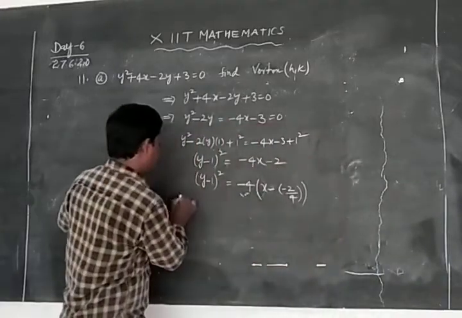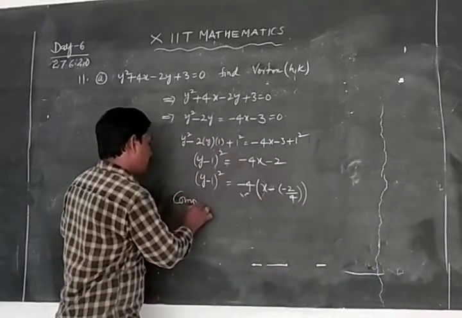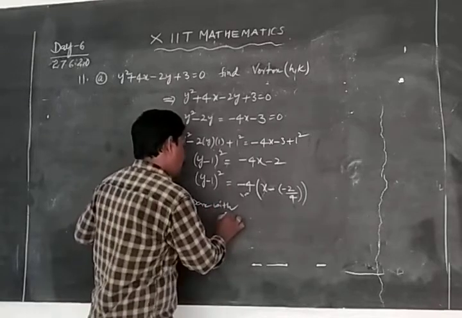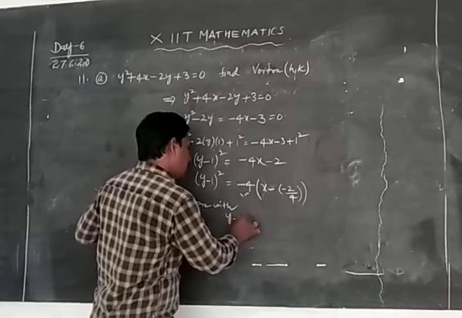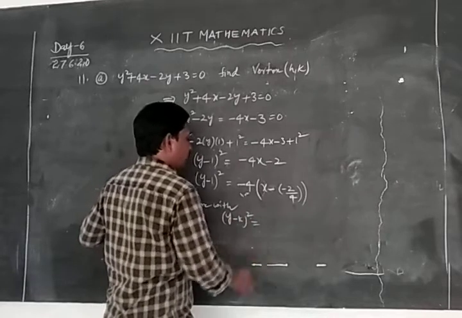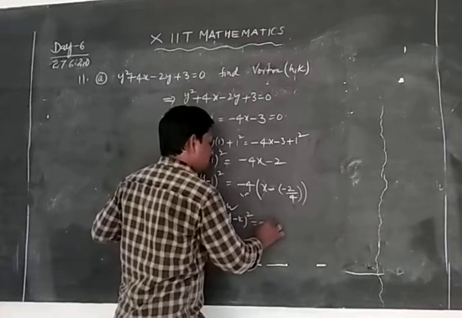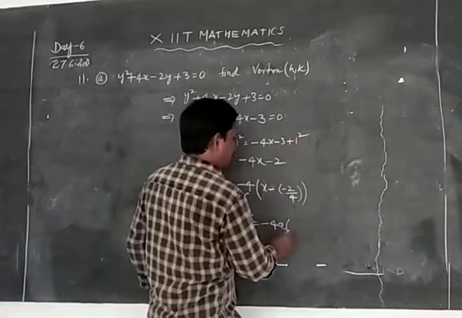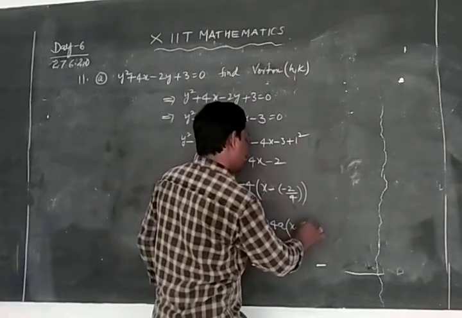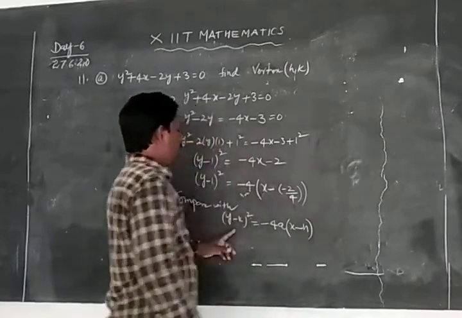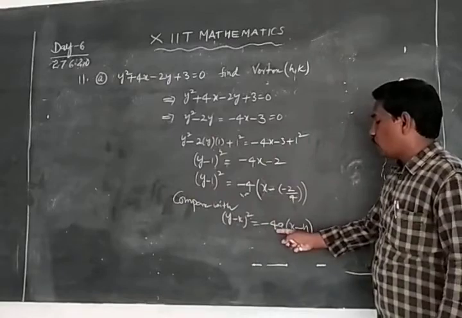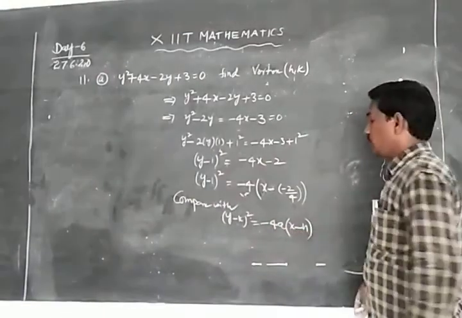Compare with y minus k whole square equal to minus 4a into x minus h. We have a parabola y minus k whole square is equal to minus 4a into x minus h.